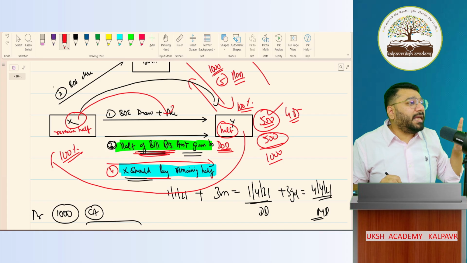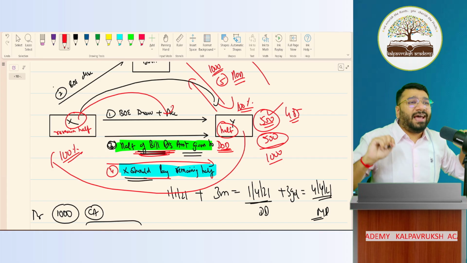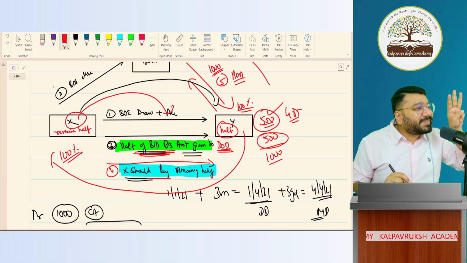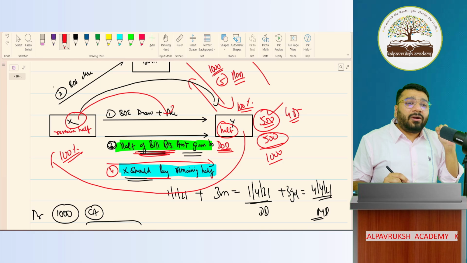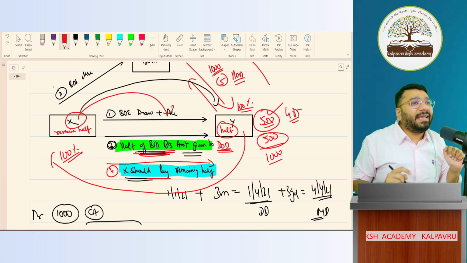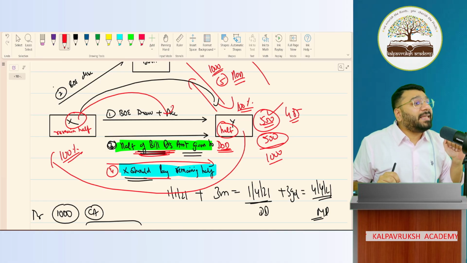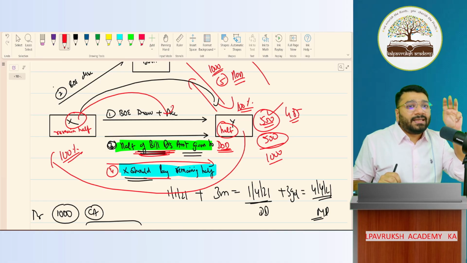If that trust is there, confidence is there, then it is case 2. If trust is not there, confidence is not there, then case 3. Got it, not got it? So case 2, case 3 both are same only. Both the parties are getting accommodated. X and Y both are getting accommodated. But Y does not 100% trust X. Upon what case it is? Case 3.